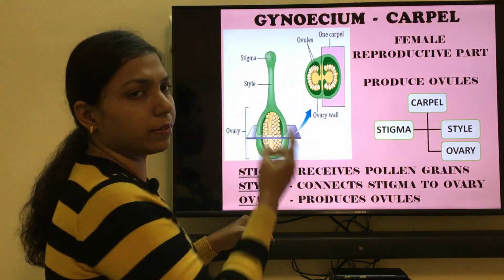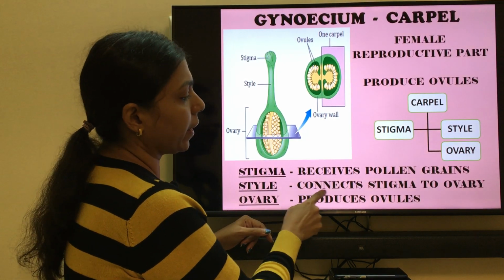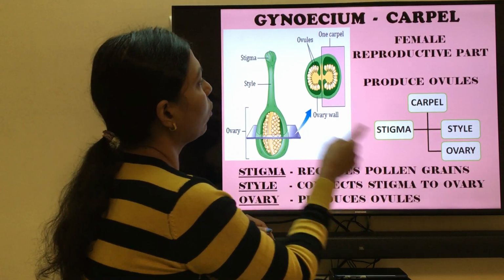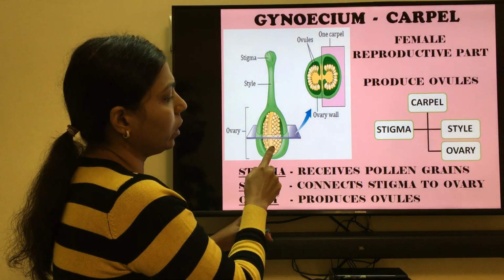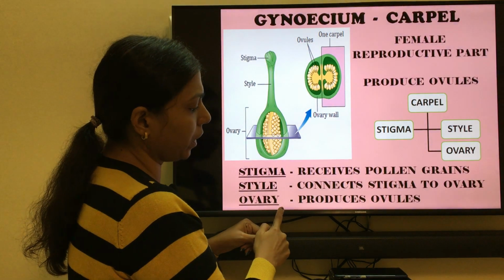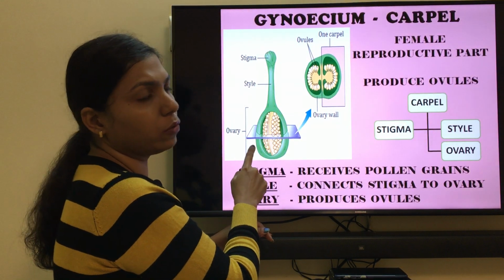So the stigma does the work of receiving the pollen grains. The style connects the stigma to the ovary. It is a long hollow structure which connects the stigma to the ovary. And finally the ovary produces ovules. The function of the ovary is to produce ovules.